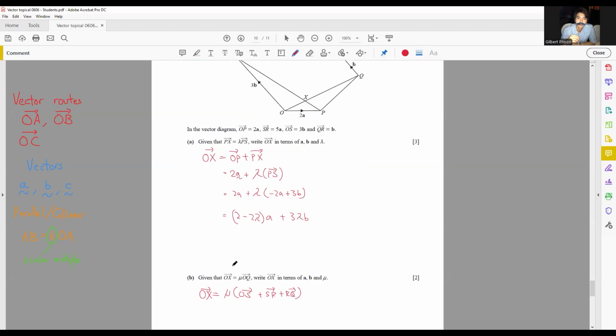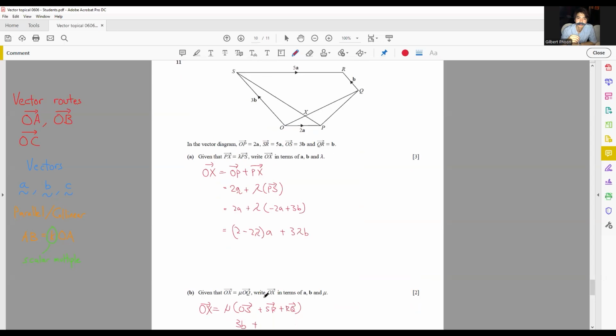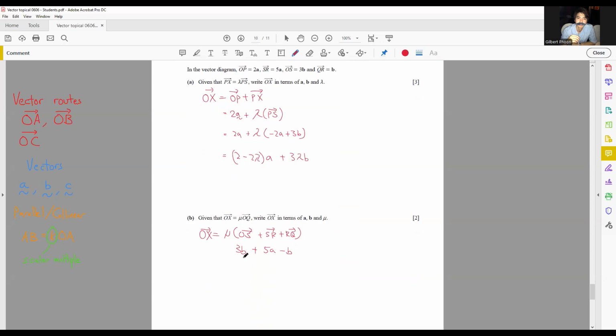Which will therefore simplify to 3b plus 5a minus b. Okay, vector, vector, vector, mu times the whole thing here.